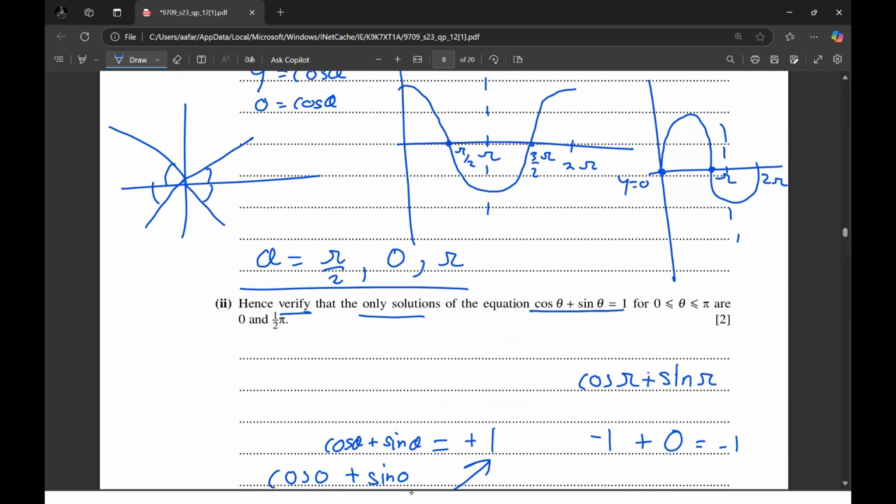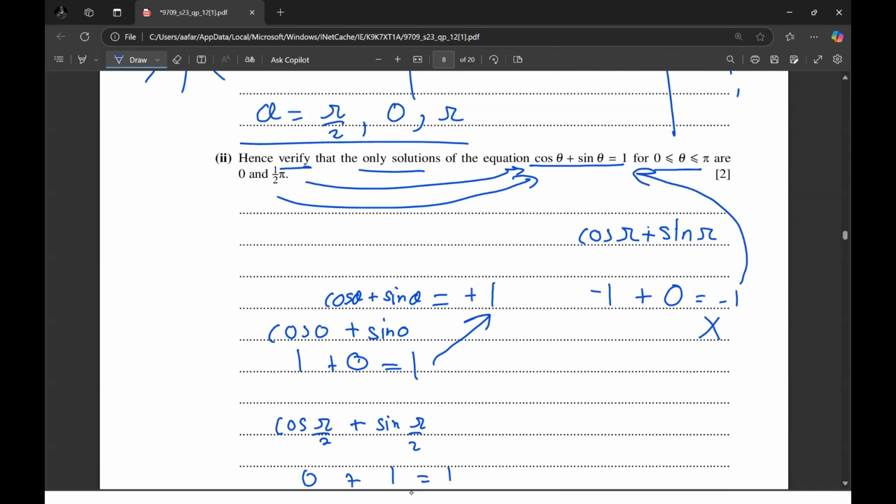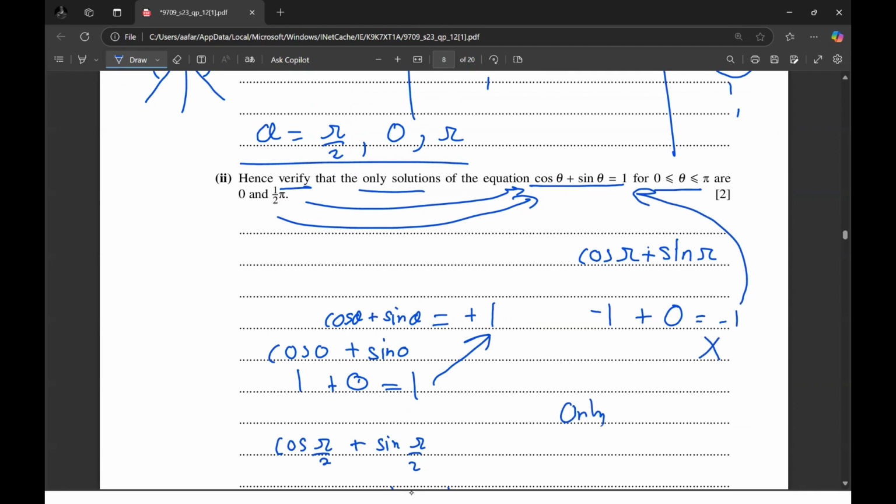So all we need to do is put in these two solutions, check if it gives 1, then check any other solution in this domain. We check pi and it gives us -1, so it does not fit over here. We can't say cos plus sin is equal to -1 because the question doesn't say so. It's only asking about cos theta plus sin theta equal to +1. So that's why -1 is not the equation. So the only solutions are pi over 2 and 0.